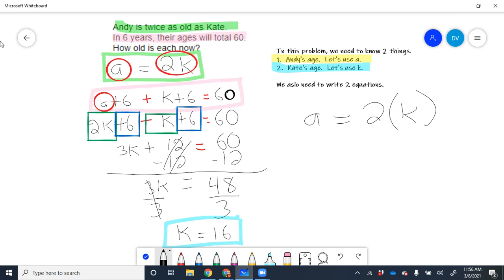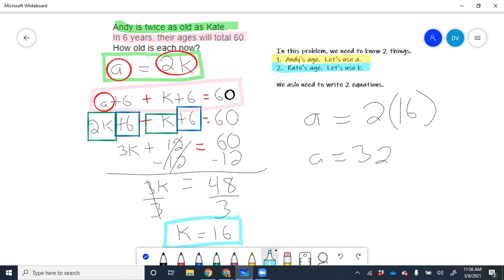And now I have a question. Since we have this equation now, and we have a K, and we already saw down here that K was 16, we can replace that K. I'm going to erase the K, and I'm going to put the number 16 instead. So then our answer for A will be equal to 2 times 16, which is 32.